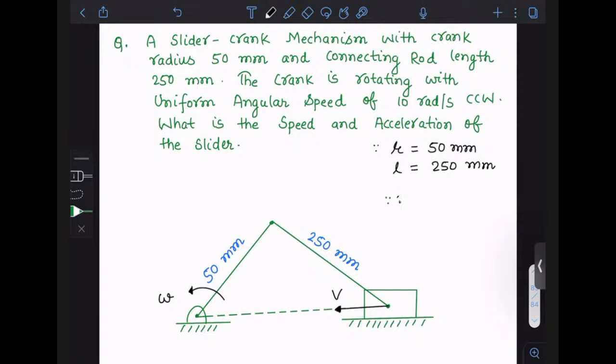So n is equal to L by R, so n is equal to 5. So guys, everyone solve this. Please solve, my dear. This is very, very important. You need to find out everything.